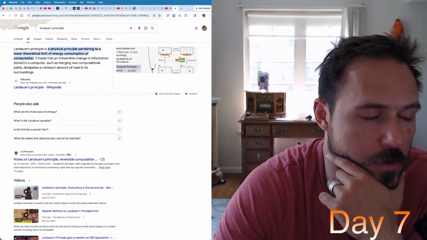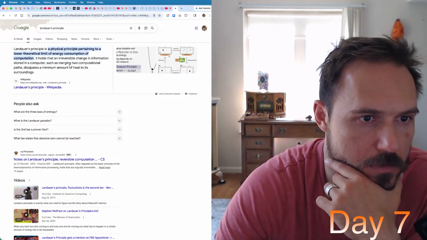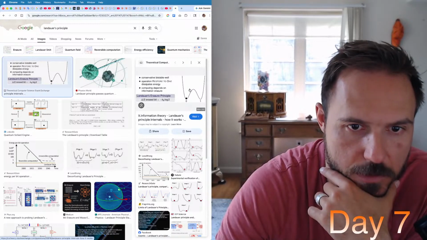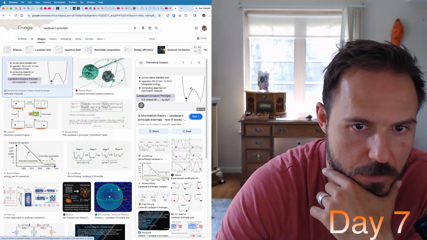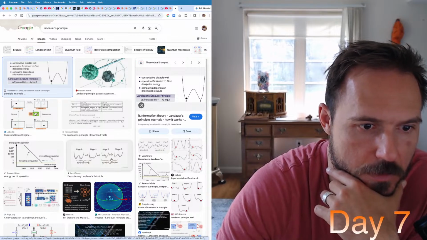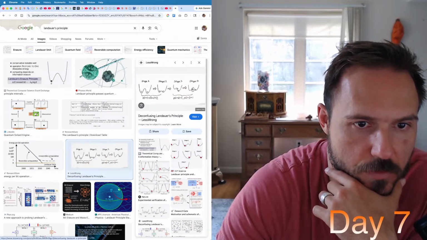I'm blanking on the word. Energy band. Let's go into the images. Yeah, this one, it will not stay here, it will just fall here. And we can push it up and it will fall.